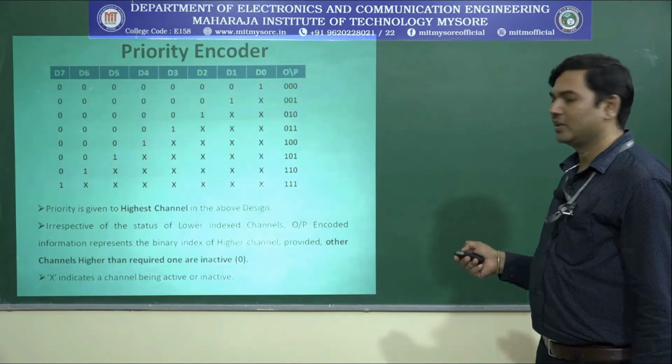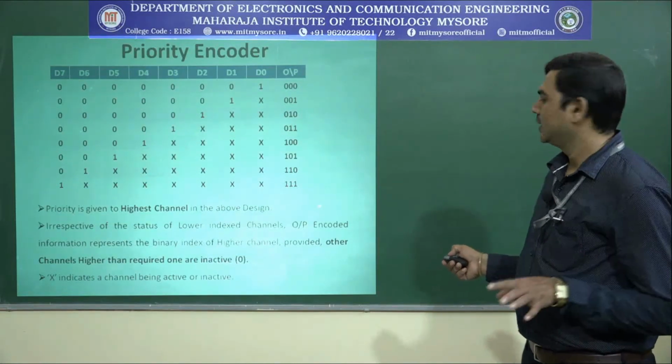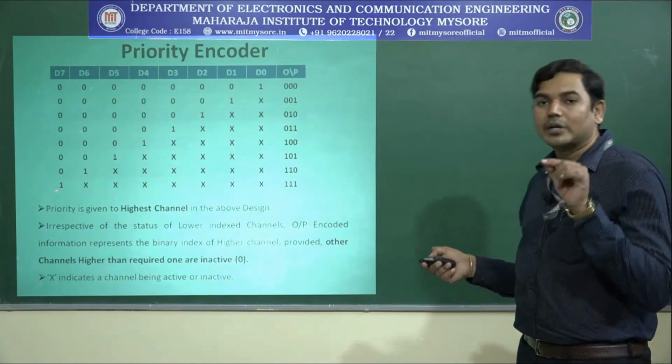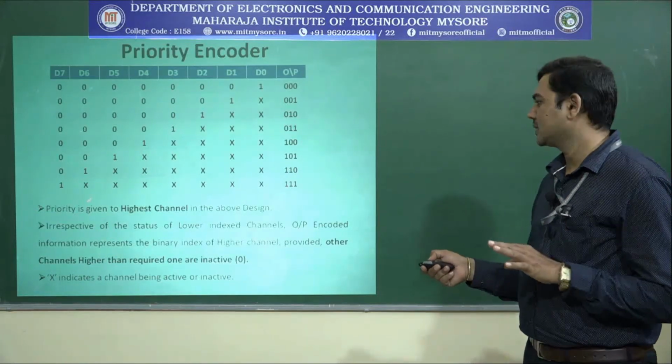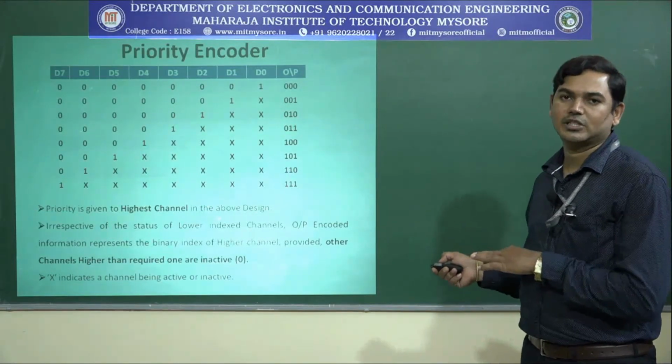If you press all 7 channels, what is the output? It is 7. If you press only the 7th channel and you don't press any other lower channel, still the output will be 7.